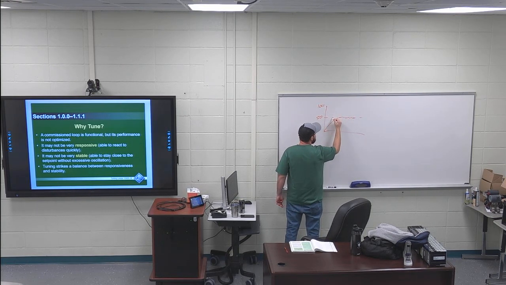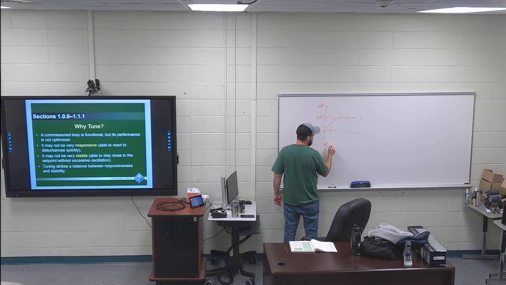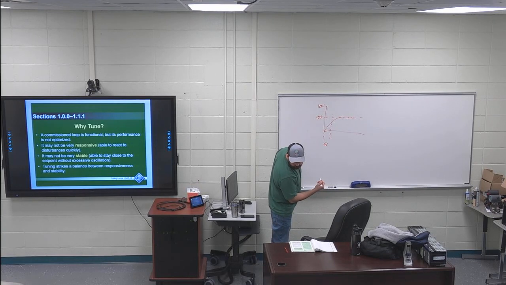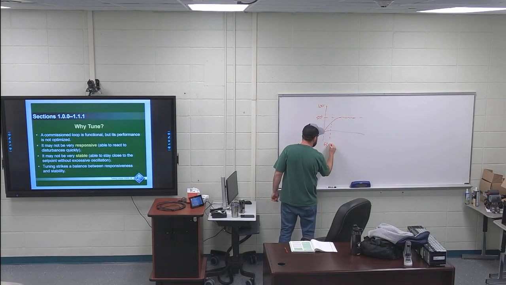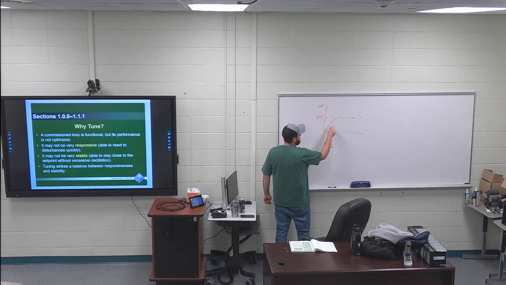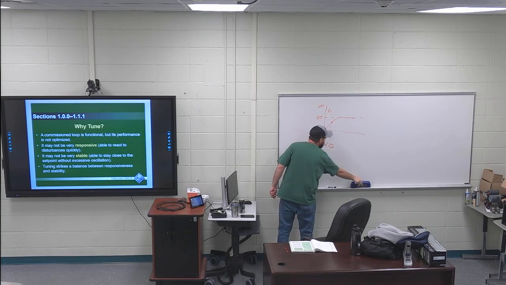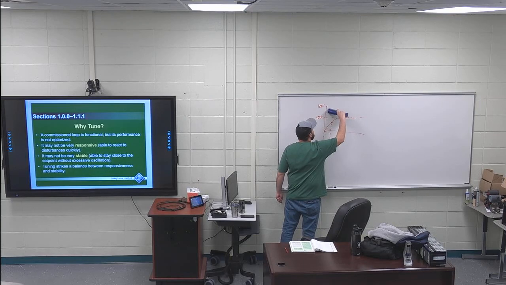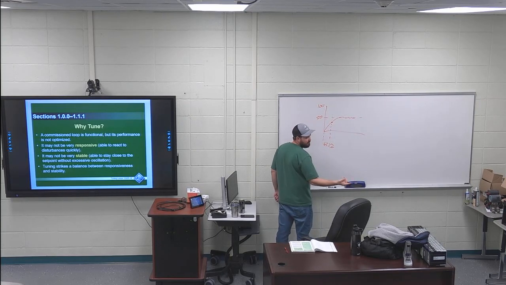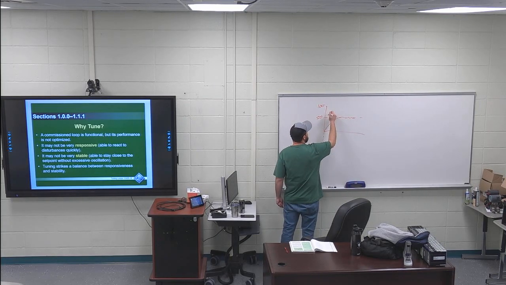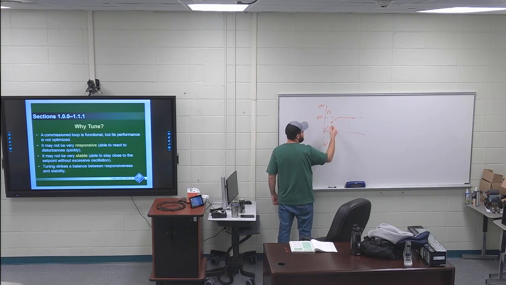I'm just guessing, but from here to here is the 63.2%. So that is your time constant. It's called your PV time constant. Ed talked about it yesterday. It's just the time constant of getting towards your set point.